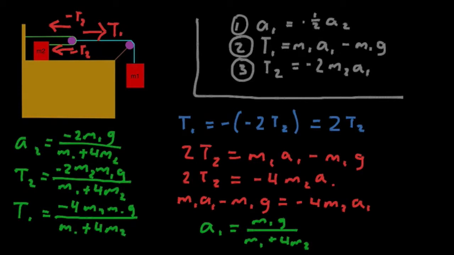Essentially, the four equations in green are our answer to this dynamics problem. We know how each mass will accelerate and the tensions in both strings in terms of only the constants m1, m2, and g.